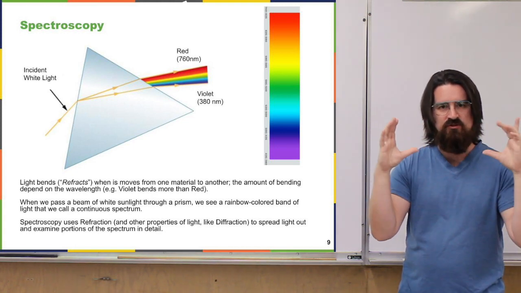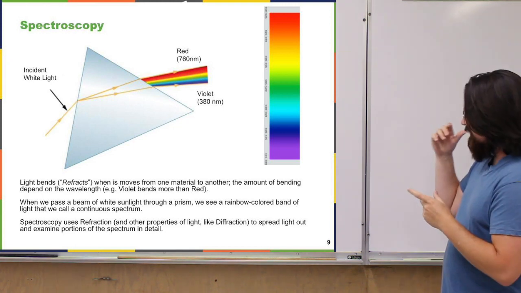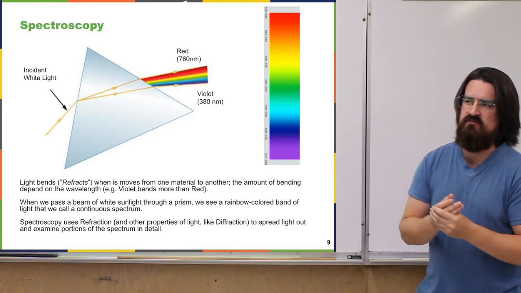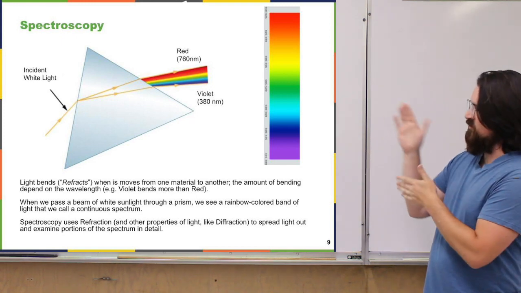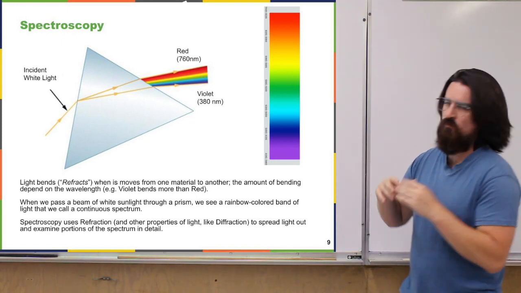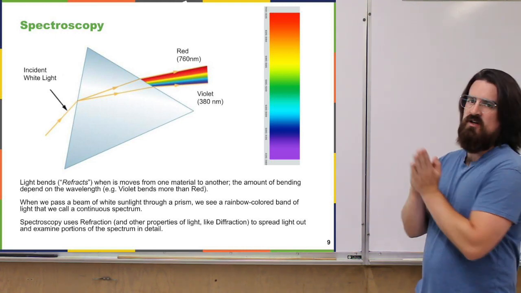You can get closer and look at that in more detail, and then you can maybe figure out what that is. In terms of electromagnetic radiation, doing that sort of zooming in to different parts of the spectrum is what we call spectroscopy. And one way that you do that is by using some properties of light.